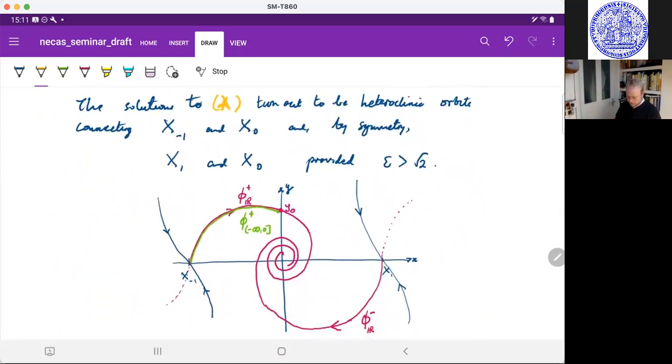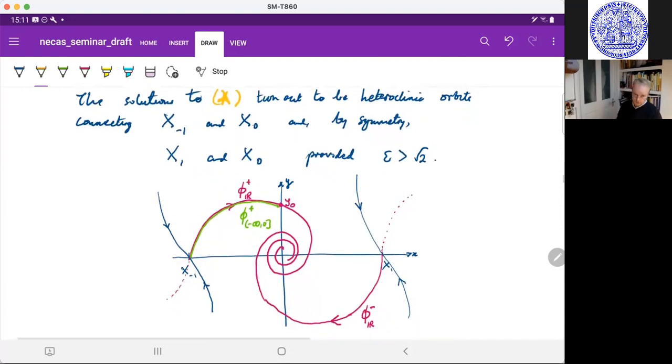So in this again cartoonish sort of picture, the red lines represent heteroclinics, and the arrows show the time increasing in the usual way. So provided epsilon is bigger than root 2, the phase space looks like this.